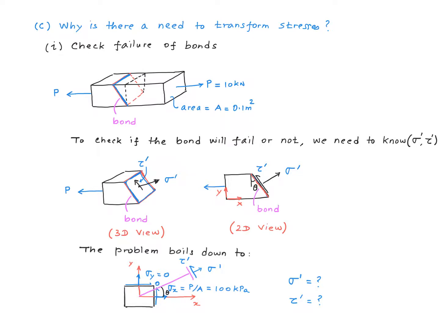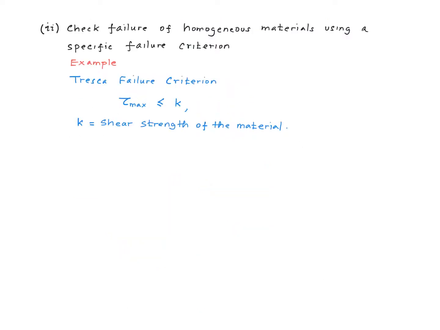And we need to find the stresses on this plane right there, whose normal is inclined at theta to the positive x direction. Now you can see checking the failure of the bond on this inclined plane boils down to the stress transformation problem. Another related reason is checking the failure of a homogeneous material using a specific failure criterion.